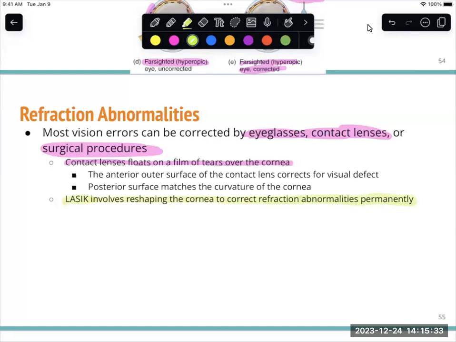The problem with LASIK is the aging that happens to the eye is still going to happen. I've had uncles that have had LASIKs that are back in glasses again as they've gotten older. So it works while you're young, but those normal effects of that lens losing its elasticity are still going to come in and take place.